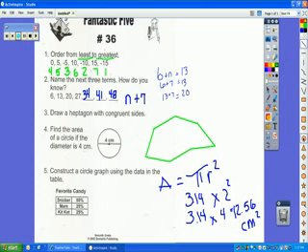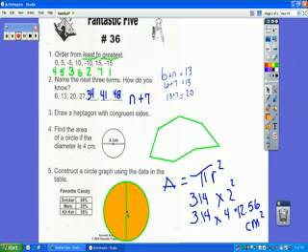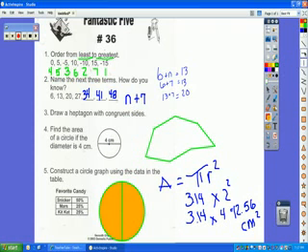So I'm going to get me a circle. And I'm going to divide my circle in half. And then I'm going to get me another line. And I want to divide that into fourths.